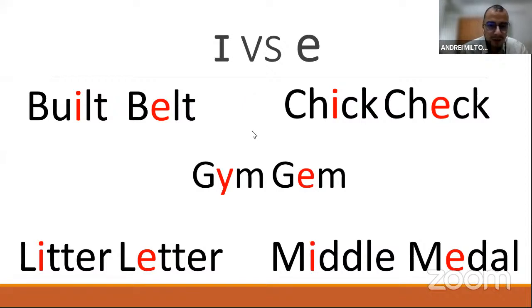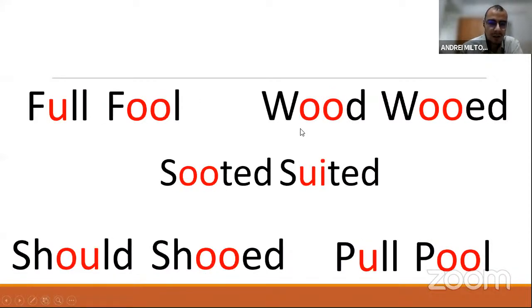Okay, next one. Who is going to do the next one? Maybe Durga Devi. Huh? Durga Devi, you're going to do the next one. Can you pronounce this one? Full, full, and wood, right? Wood and wood.